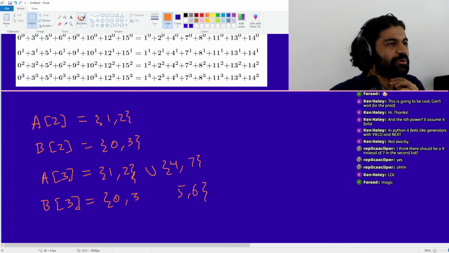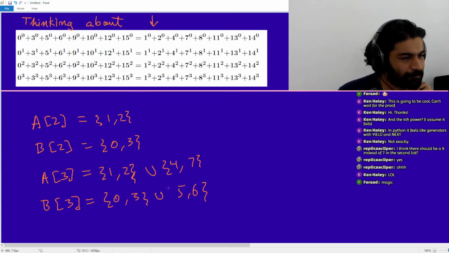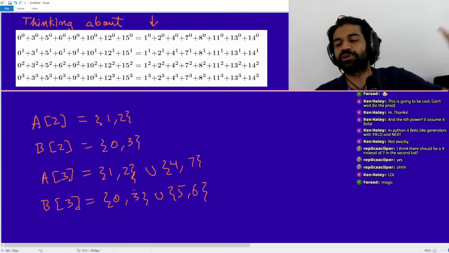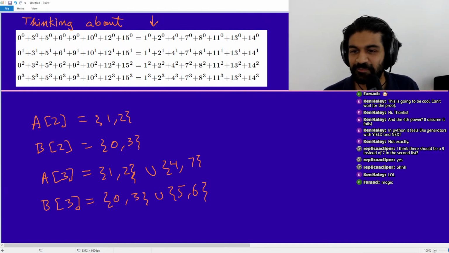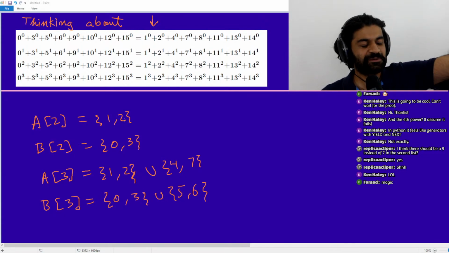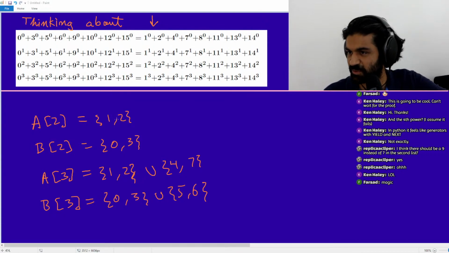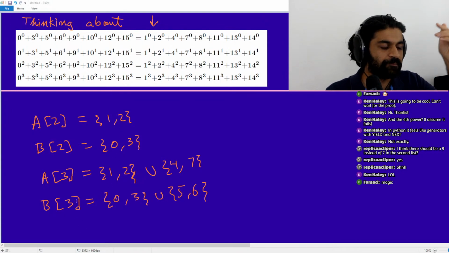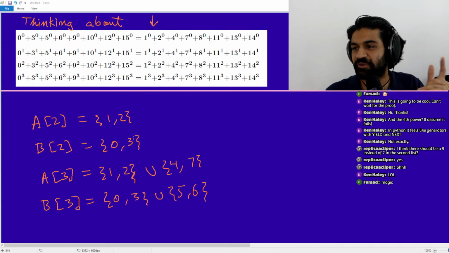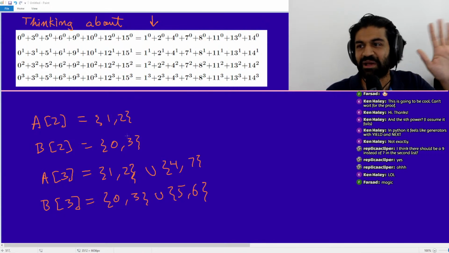In order to get the next piece, you definitely start out with the previous piece. I hope that part at least makes perfect sense. So A3 contains A2 at the start, and B3 contains B2 at the start. Hopefully I'm not blowing anyone's minds here.